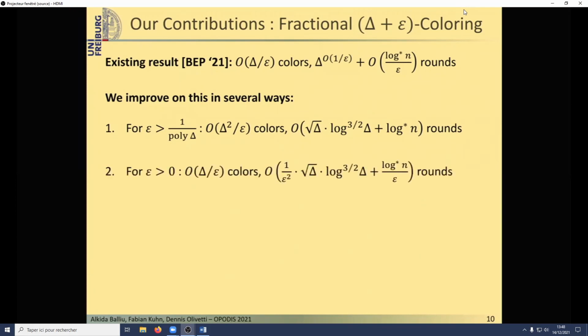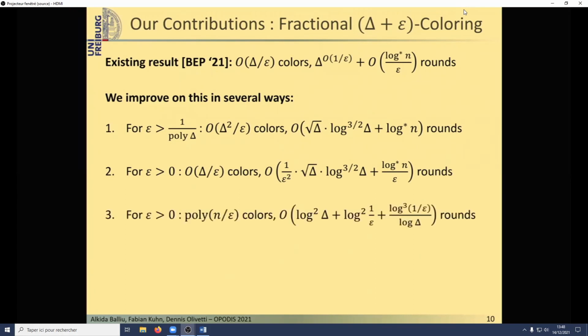And with a slightly worse epsilon dependency, you can even get it with the same number of colors as they did. And then if you don't care about the number of colors, you just want the fractional delta plus epsilon coloring, but you allow, say, polynomial in n many colors, then you can really reduce the time and solve the whole thing in basically log squared delta if epsilon is constant.